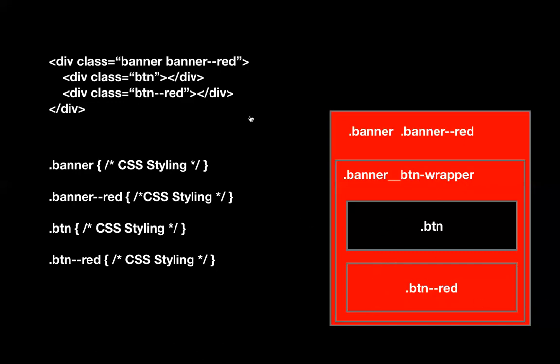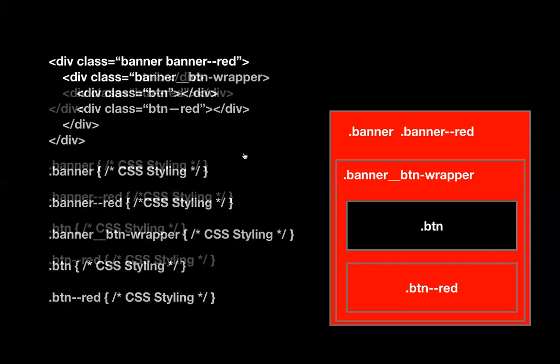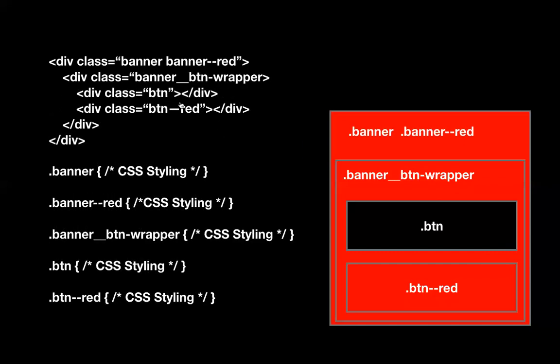So then we would have to change our HTML to have the button wrapper and have our blocks within that button wrapper. In addition, we would have to add styling right here that places our buttons in the appropriate location.